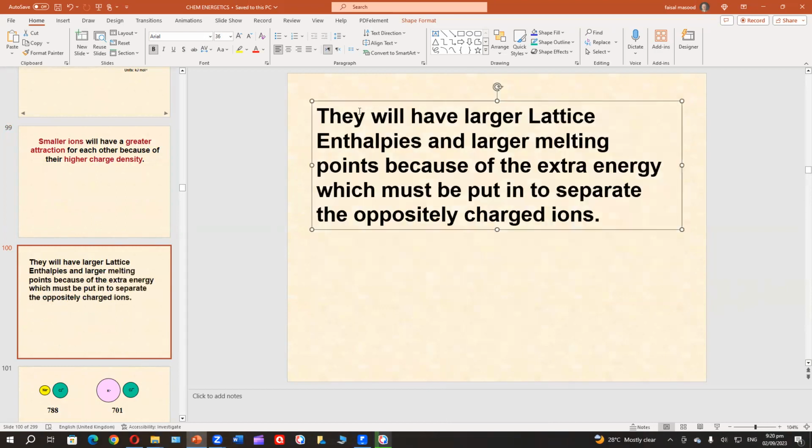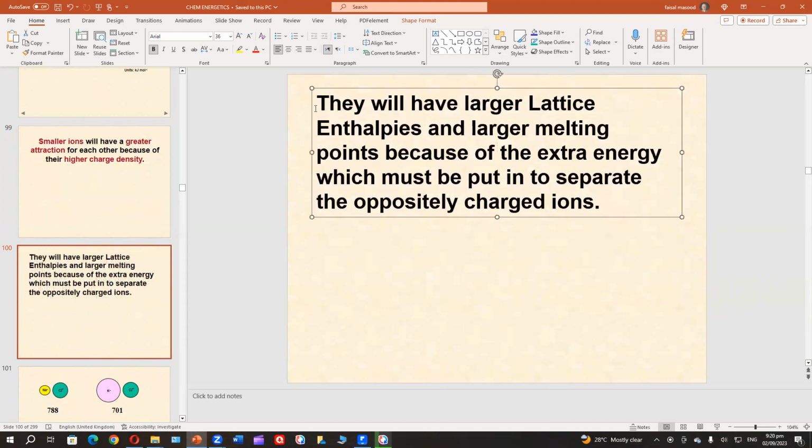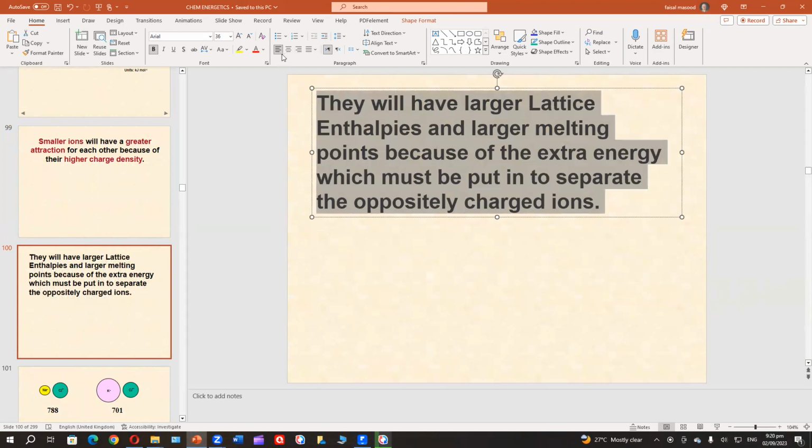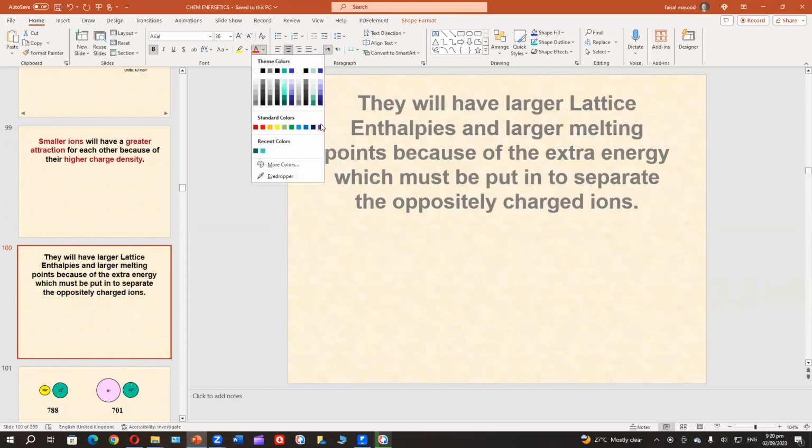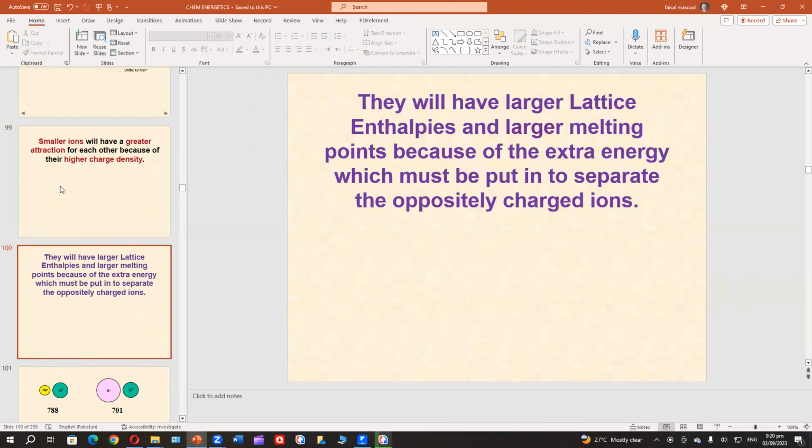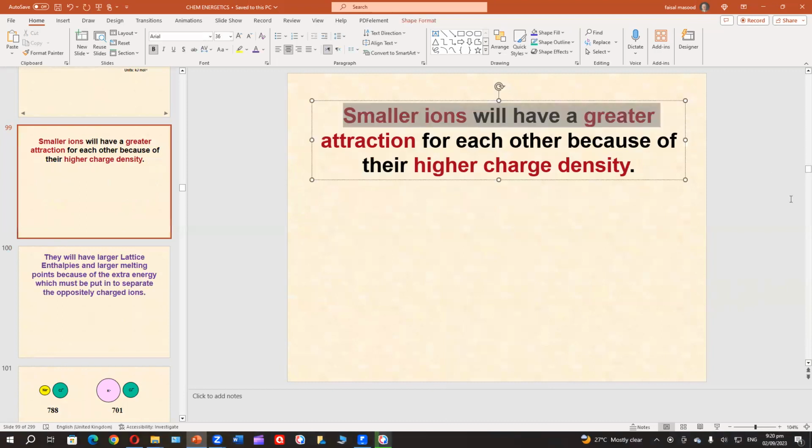So lattice enthalpy depends upon the size of the ions. If the ions are smaller, they will be more attracting. Smaller ions will have a greater attraction.